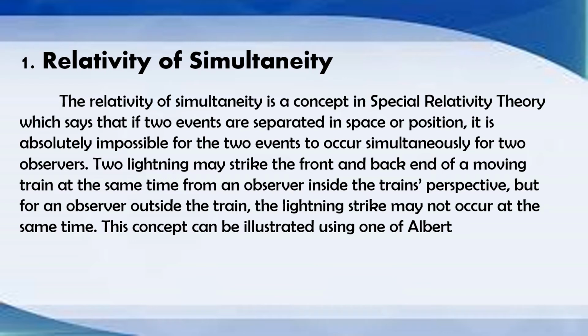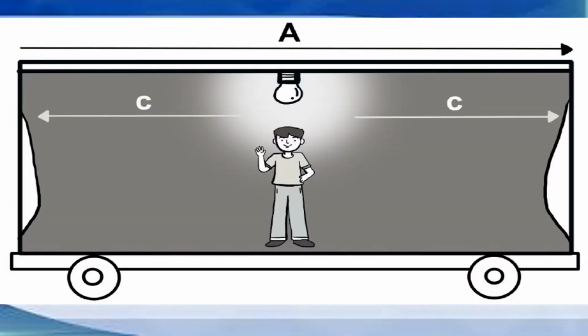Two lightning strikes may hit the front and back end of a moving train at the same time from the perspective of an observer inside the train. But for an observer outside the train, the lightning strikes may not occur at the same time. This concept can be illustrated using one of Albert Einstein's thought experiments.